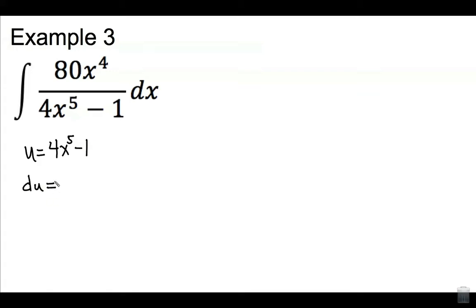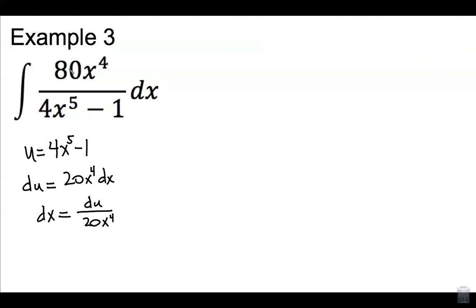Du, when we take the derivative, is 20x to the 4th power dx. I like solving for dx because we can just replace this dx with whatever is down here. So dx equals du over 20x to the 4th power.